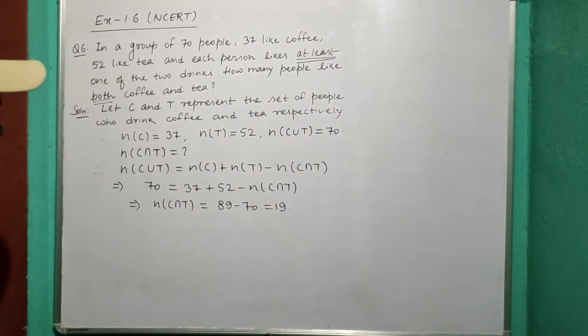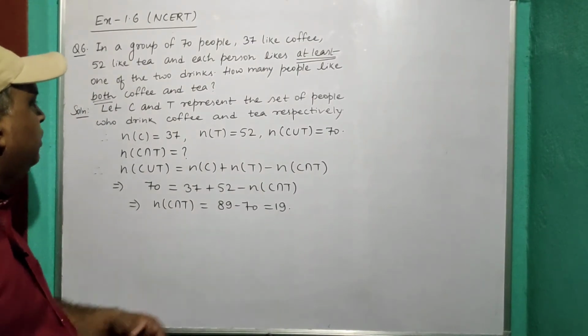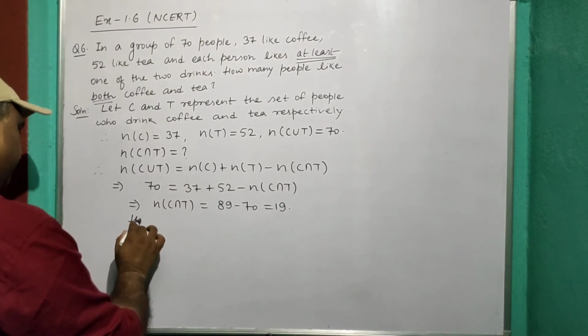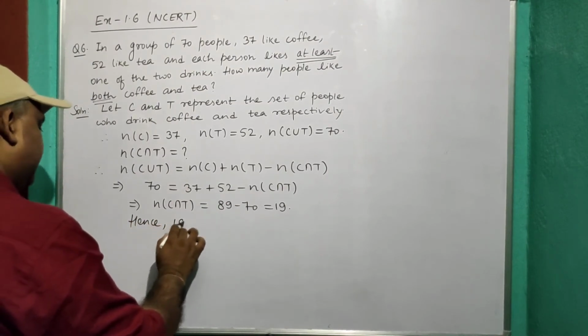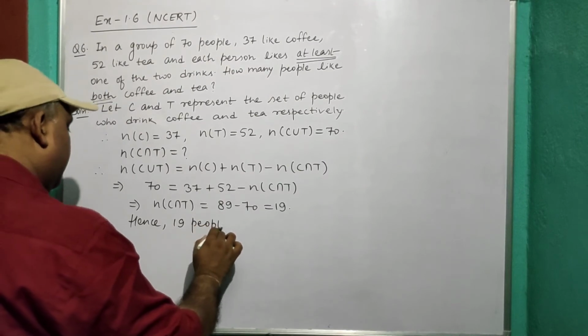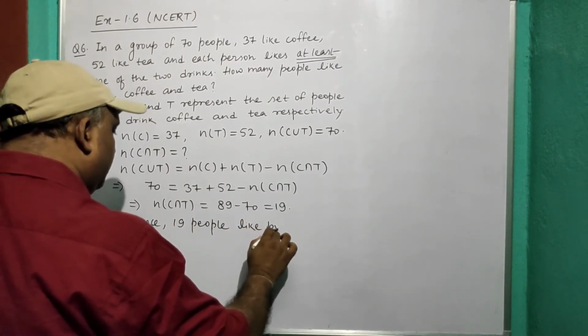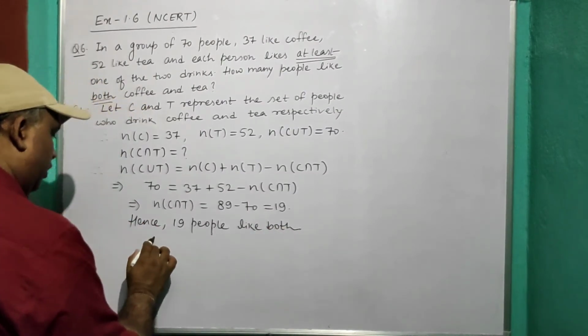It means there are 19 people who drink both coffee and tea. So this you will write, hence 19 people like both coffee and tea.